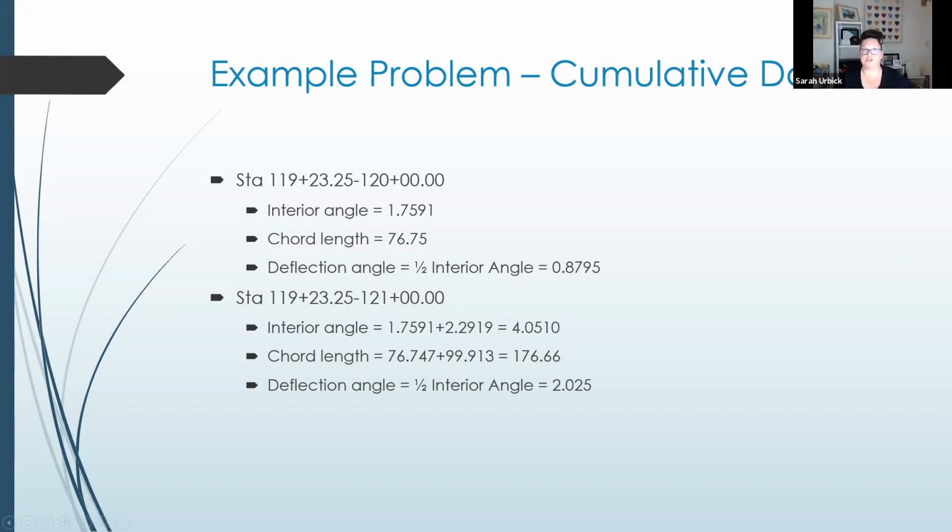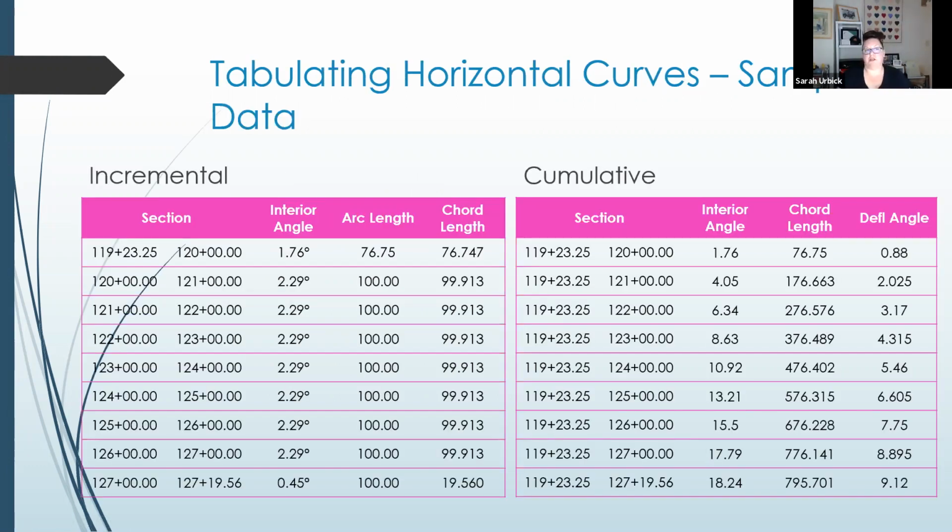I cheated. I don't think it's cheating if you find an easier way to do it. I went through and used Excel, added my section in, and my section is always going to start with my first station to whatever my new point is, 120, 121, 122.